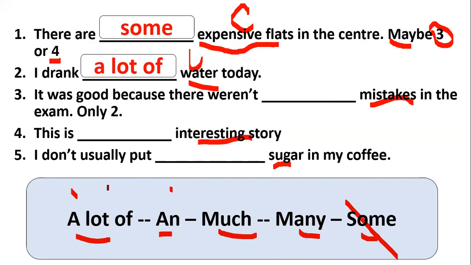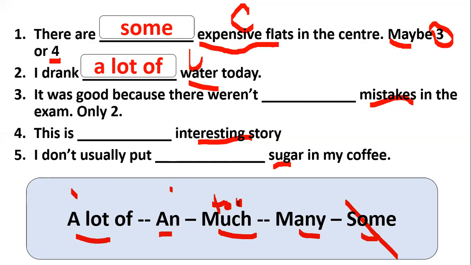In this case, hold on. Much, I can also say much, okay? Don't worry. We have those options, so it's okay. I can also say I drank too much water. The only difference is that you have to include too much water, but it's okay. Or a lot of water. The 2 answers are correct, okay?